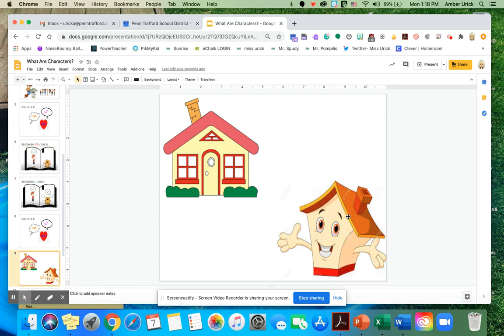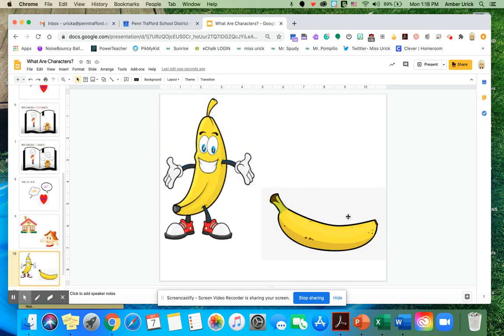Good job. Last one here for you to test out your skills on the story element of characters. Ready? It's a banana. Can you do it? Go. I hope you said the banana on the left. He's got those facial expressions just like the house. He's got hands.